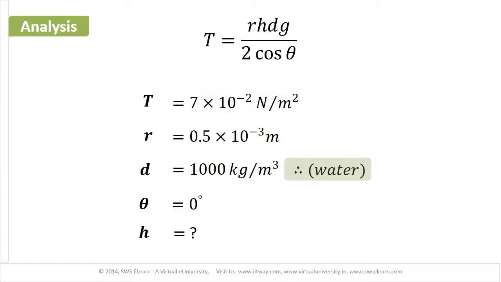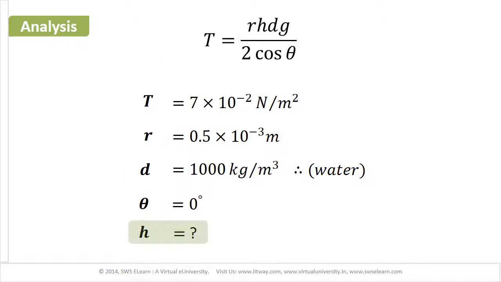The liquid is water and therefore we can assume the density of water D equal to 1000 kg per meter cube. Similarly, we know that the angle of contact of water, namely theta, is equal to 0. Substituting these values in the equation, we can get the value of H, that is the rise of the water in a capillary tube.